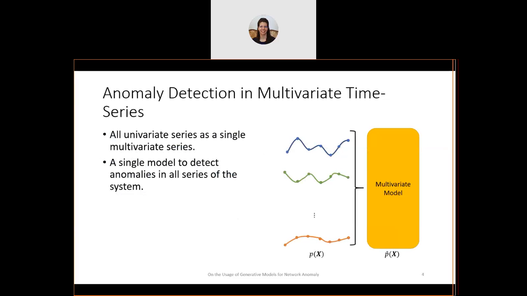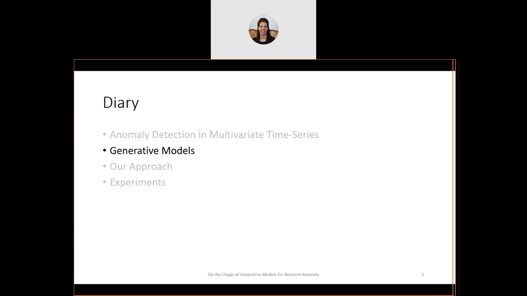For that, we treat all the variables of the system as the variables of a single multivariate time series. Then, to create the model, we need tools that are capable of modeling data in a complex domain, okay? Because we are working with hundreds or maybe thousands of variables.